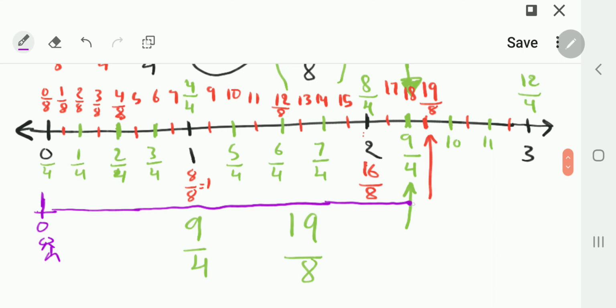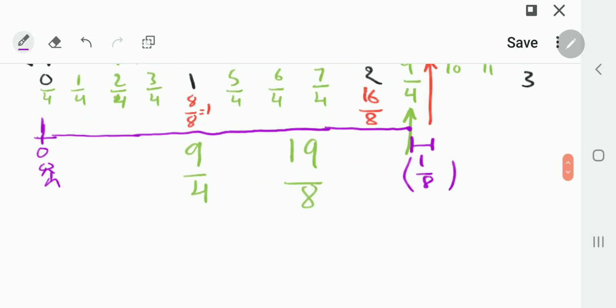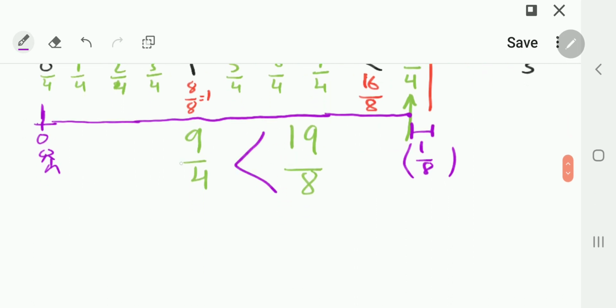And then to go from 9/4 to 19/8, it's only another distance, which is 1/8. You just need 1/8. So the difference between 9/4 and 19/8 is just 1/8. So very close, very close, but 19/8 is greater.